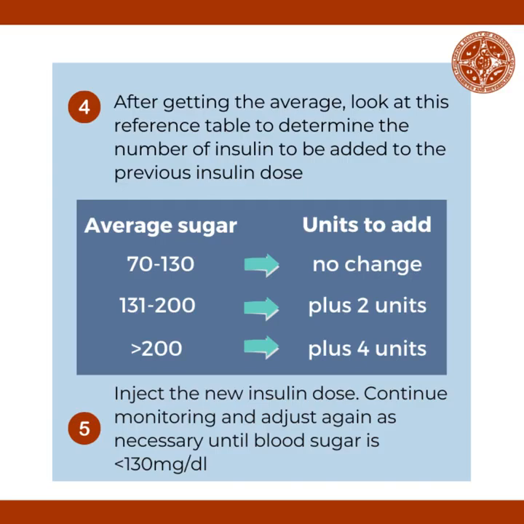If it is more than 200 milligrams per deciliter, add 4 units to your current insulin dose. Fifth, inject your new insulin dose. Continue monitoring your blood sugar and adjust your insulin as necessary until your fasting blood sugar is less than 130 milligrams per deciliter.